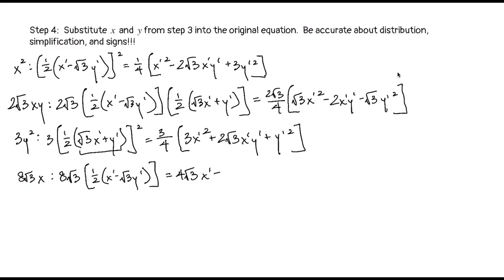That gives me 8 times 3 is 24, and then I have to divide it by 2, so that gives me 12 y prime. I think I did that correctly. Is that what you guys are getting? Okay.